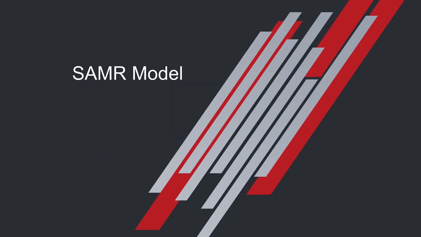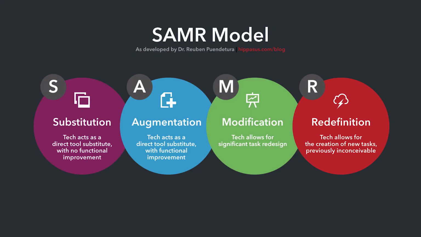The next model that's worth exploring is the SAMR model. The SAMR model was developed by Ruben Puentedura in 2006. SAMR stands for substitution, augmentation, modification, and redefinition. SAMR is a really interesting model. It's being used primarily in K-12 spaces and has grown widely in popularity. It's just starting to be studied critically in peer-reviewed research.